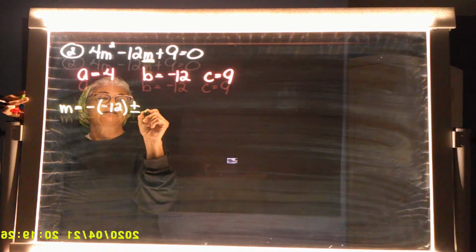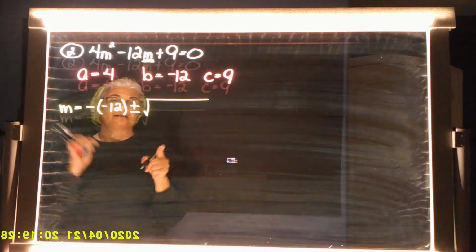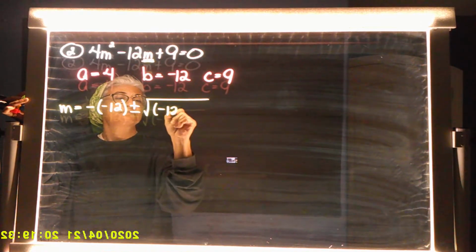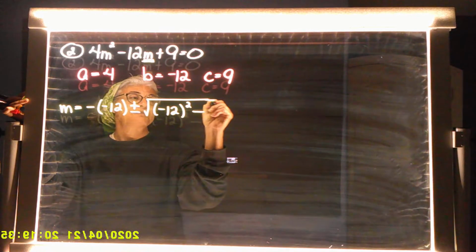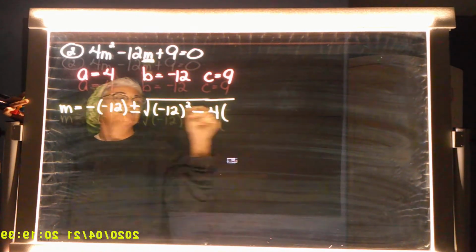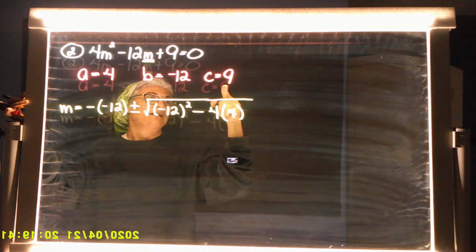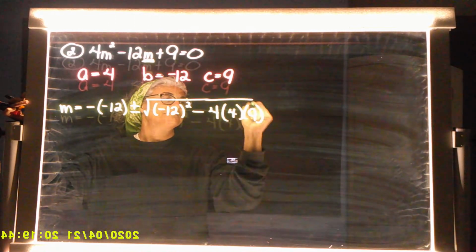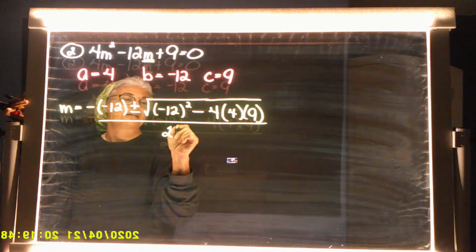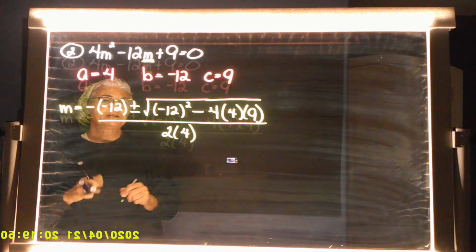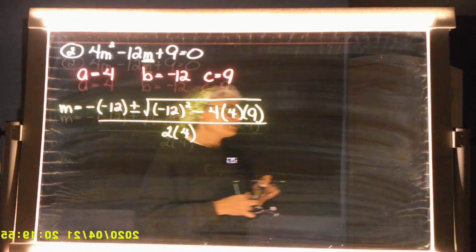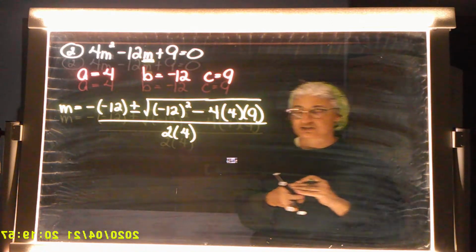Plus or minus the square root of, that's right, B to the power of 2 minus 4 times A times C. And the whole thing is over 2 times A. With me? Okay, so we plugged all our numbers into the formula. Looks like we have some simplifying to do.